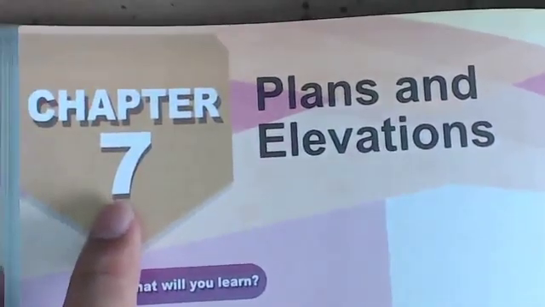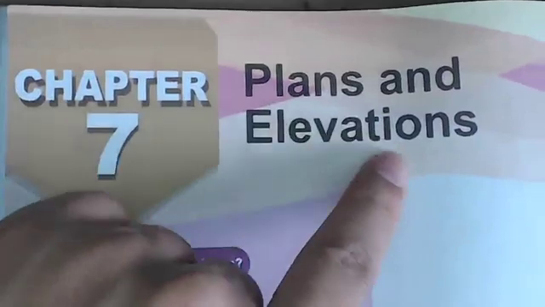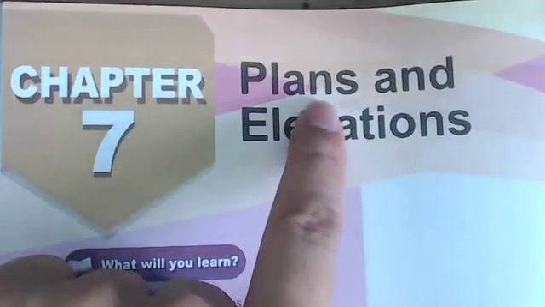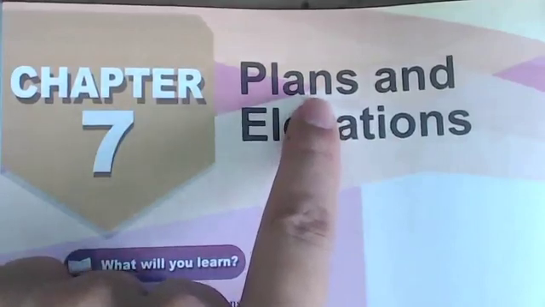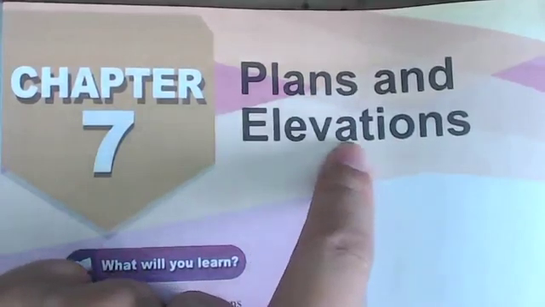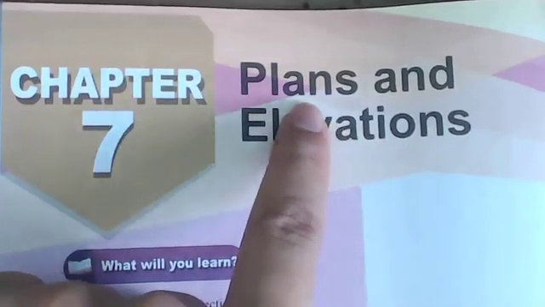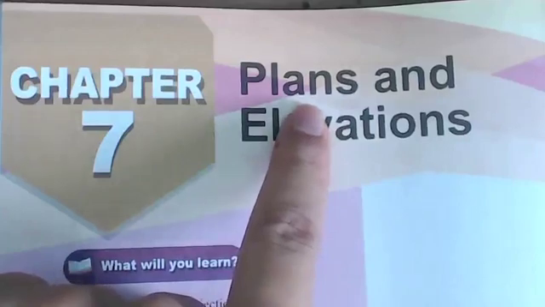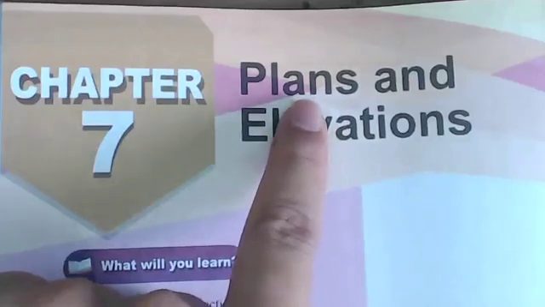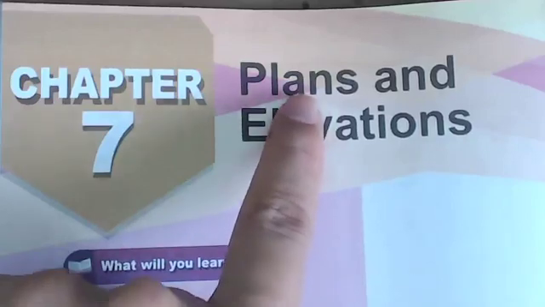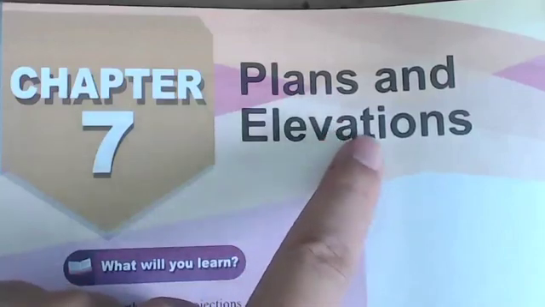So coming to chapter 7, plans and elevation. Do you know plans? Plan, sorry, not plans. Do you know elevation? Actually, you know plans. When we want to build something, we are going to have a plan. That is the plan. When you want to kill somebody, also you need a plan. You got the idea what a plan is. And elevation, what is elevation?